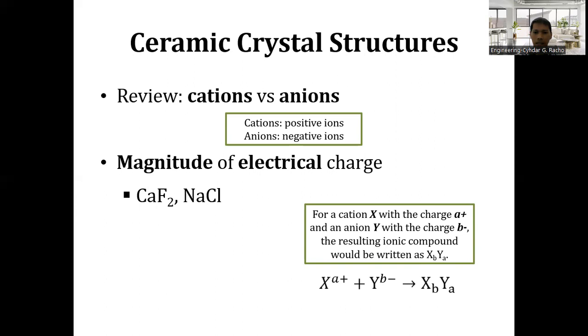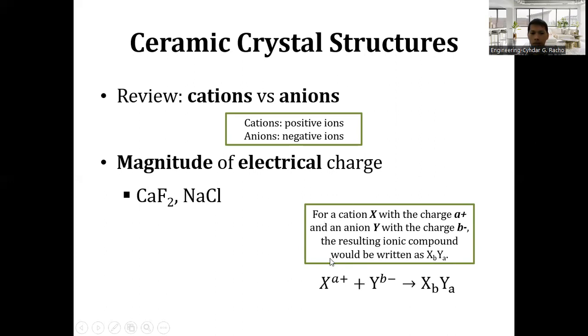Let's write a chemical equation for us to easily grasp how chemical equations are written, especially for ceramic crystal structures.